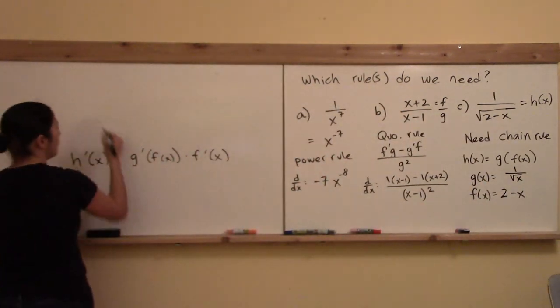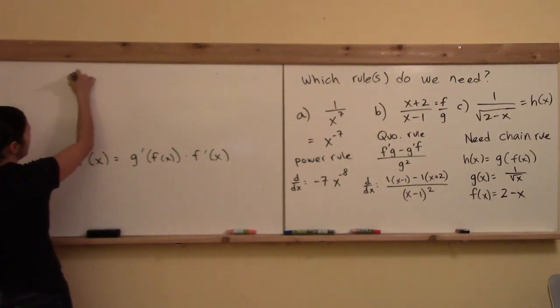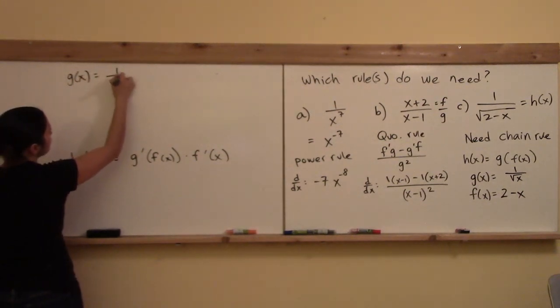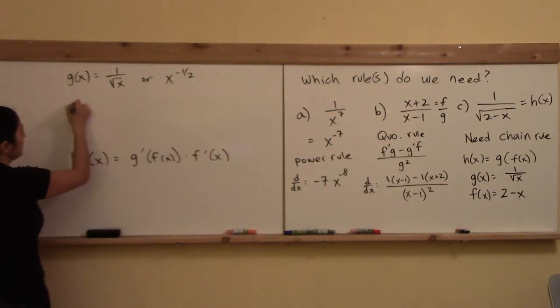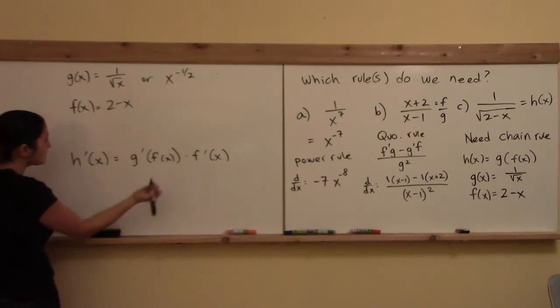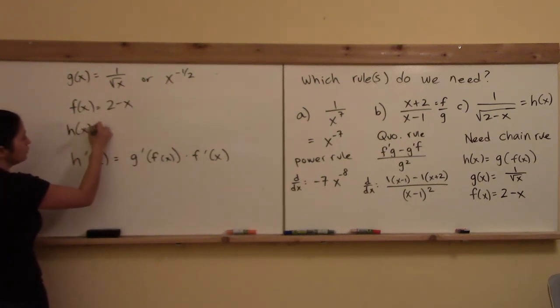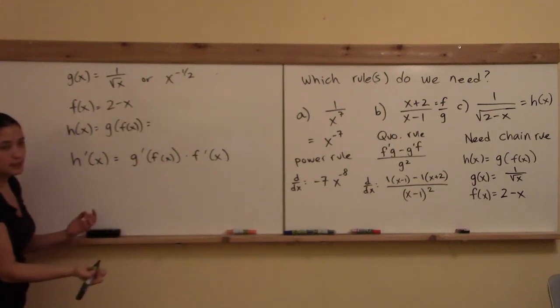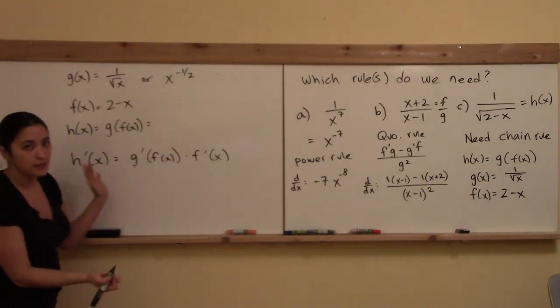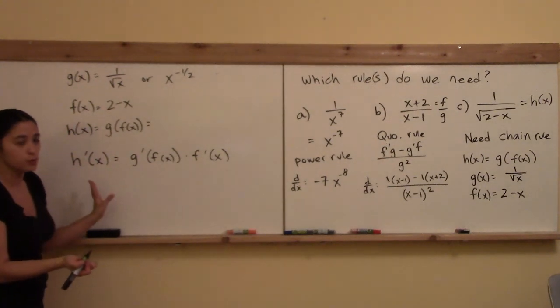So really what I did was I did 1 over the square root of that. Alright, so if I want to call my outside function 1 over the square root of x, or I can call it x to the minus 1/2, and I call my inside function f of x equal to 2 minus x, then my composition, which I assume here is g of f of x, is going to be, now after I make my guess, I definitely want to check it before I do all this extra work, okay?